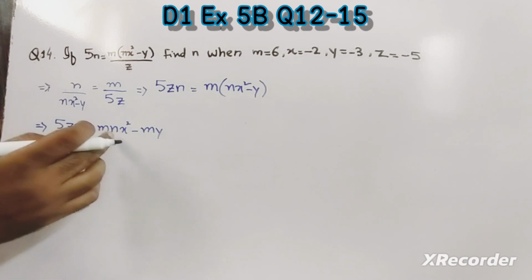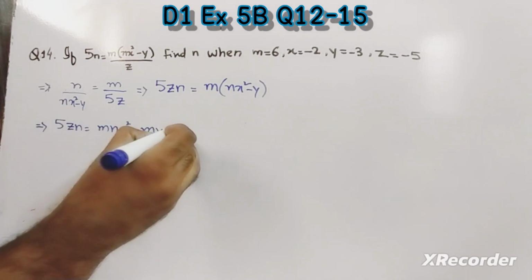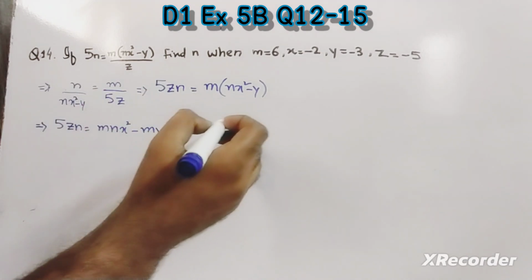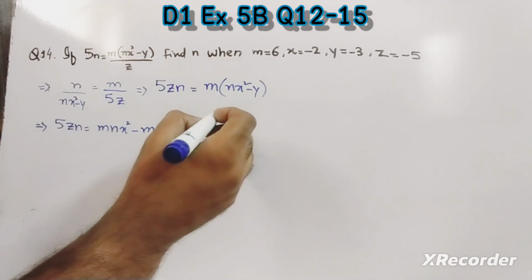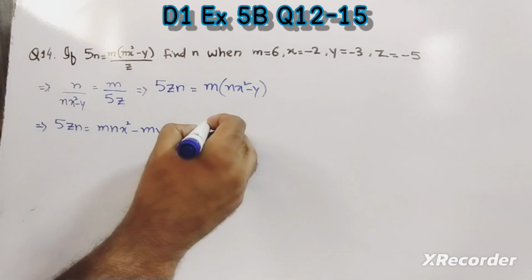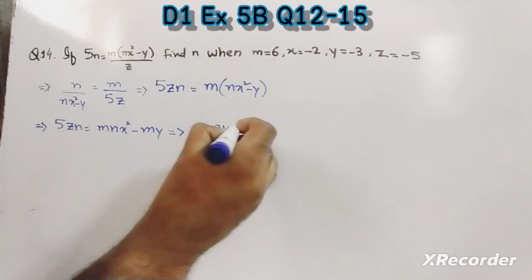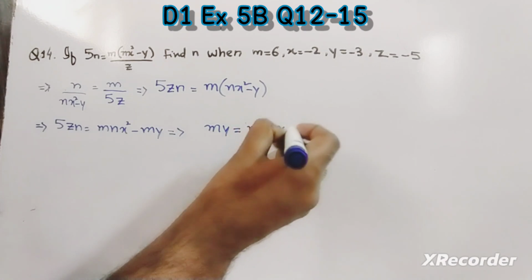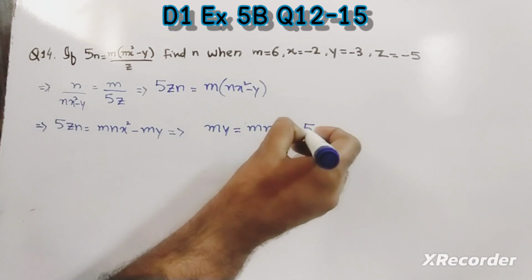Now we collect both the n terms on the same side, like that. My is equal to m n x square minus 5zn.